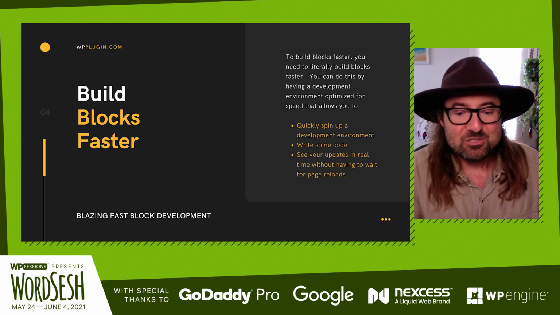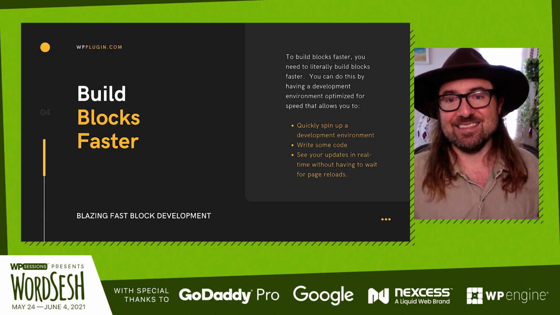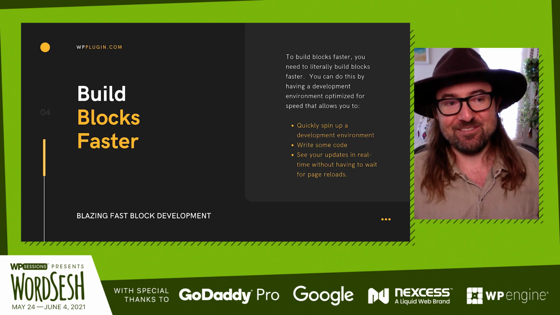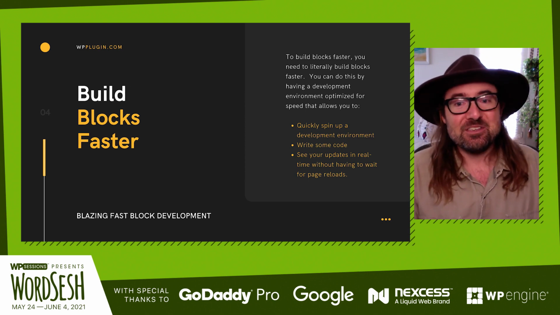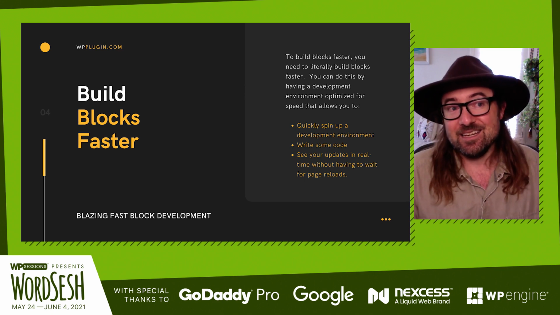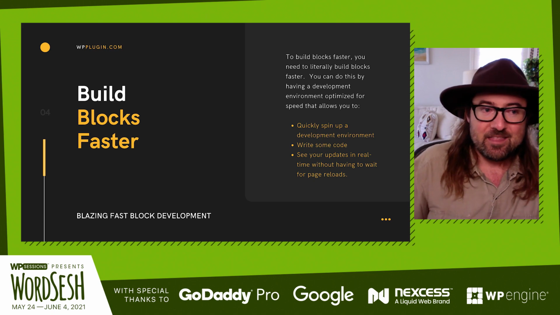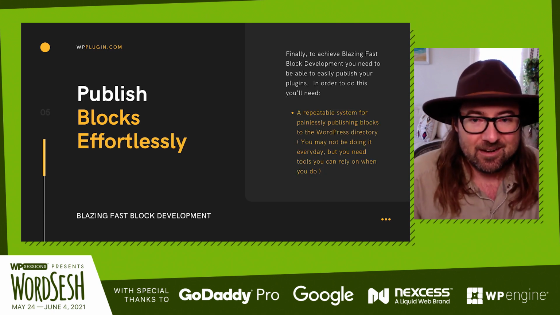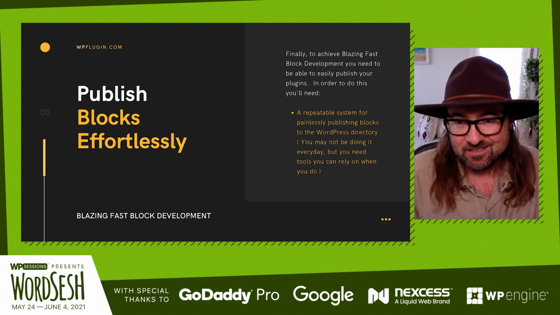So I am super obsessed with speeding up my build process to a bit of an extreme, but my pain is your gain, because I'm going to show you how you can have it update instantly in the browser with hot module replacement.